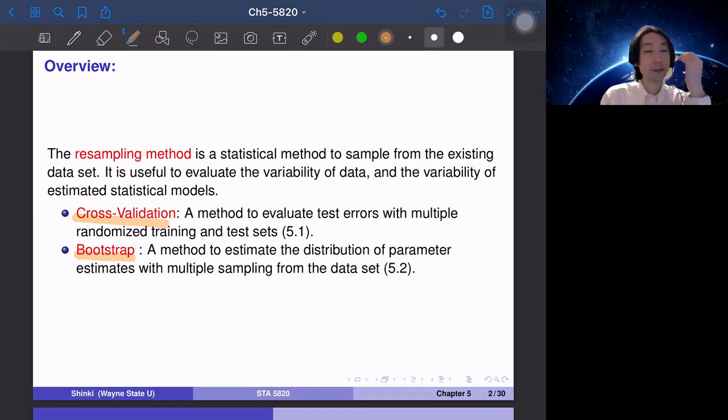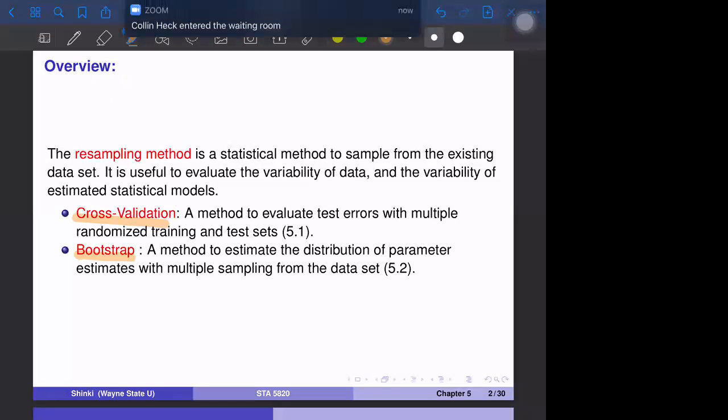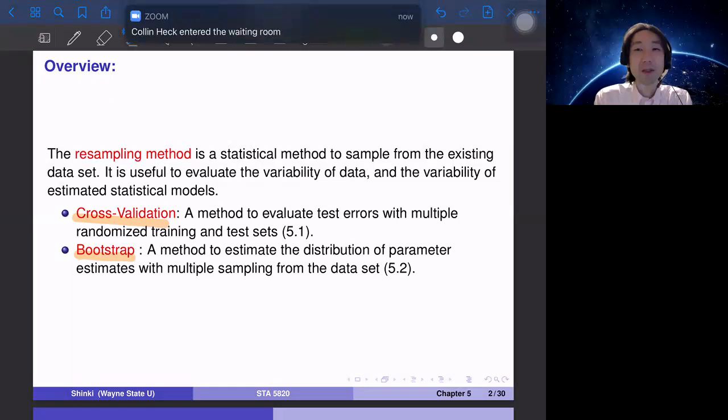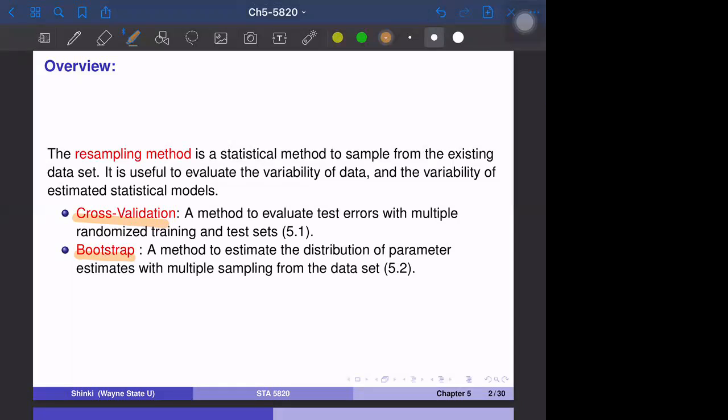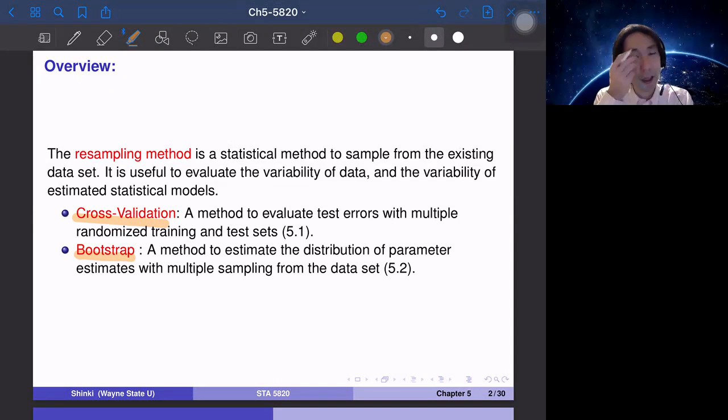So the multiple trials of the training and test approach is cross-validation. How about the Bootstrap? The Bootstrap is at least covered in 50-30, somewhat, not heavily.